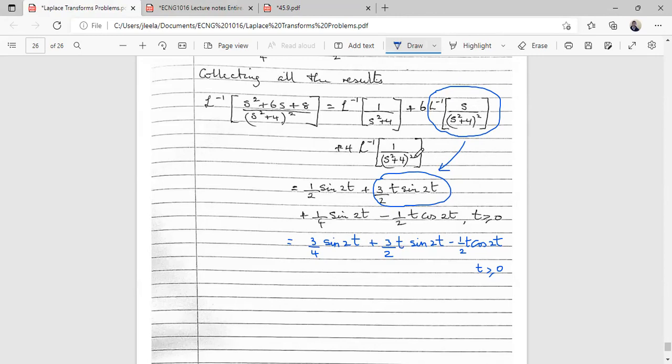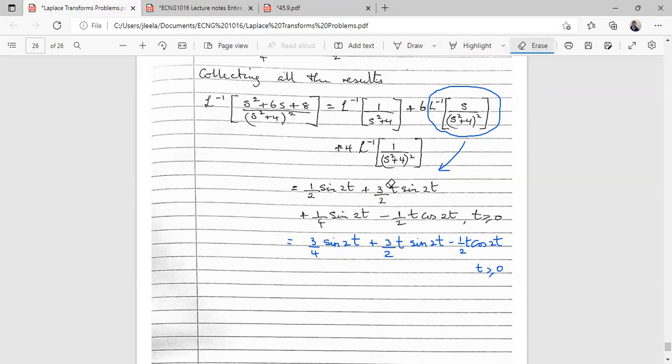So we catered for the 6 in front, and we got 3 over 2 t sine 2t. So if we don't have the 6 in front, we have to divide by 6. So you'll get 3, and 3 into 6 is 2. That is why you'll get a quarter. I'm just showing you that there.